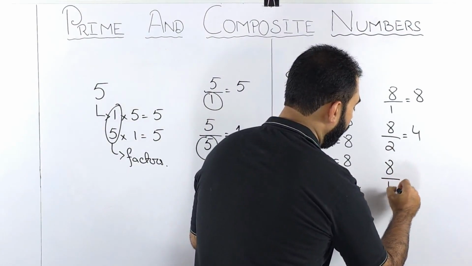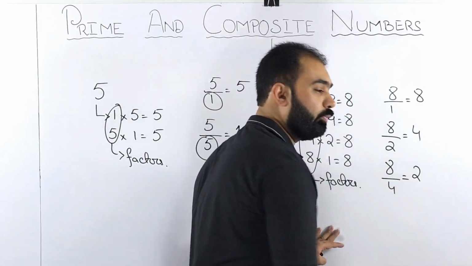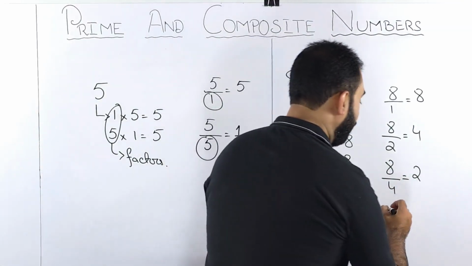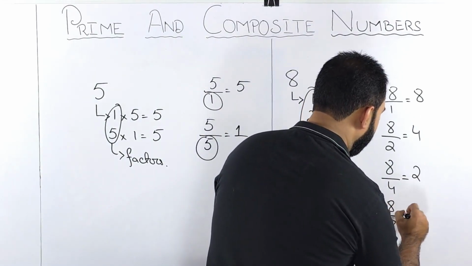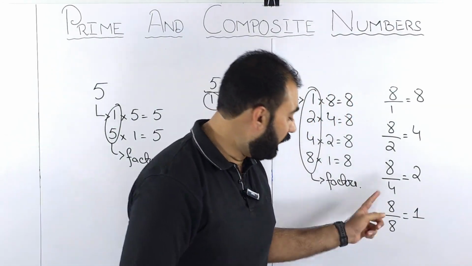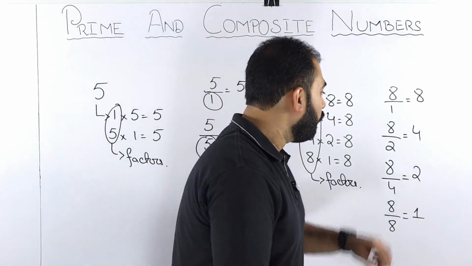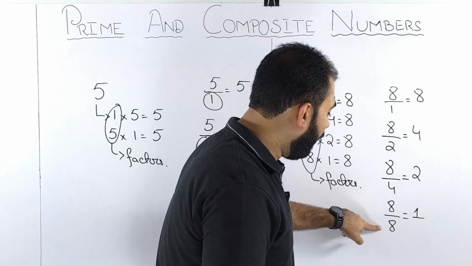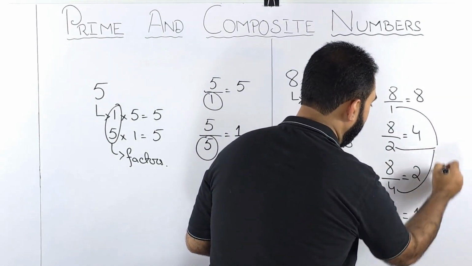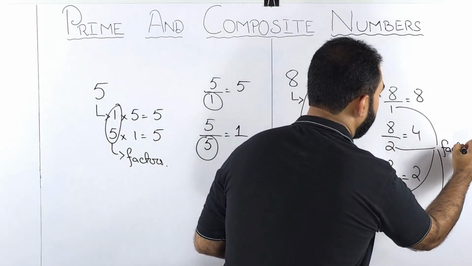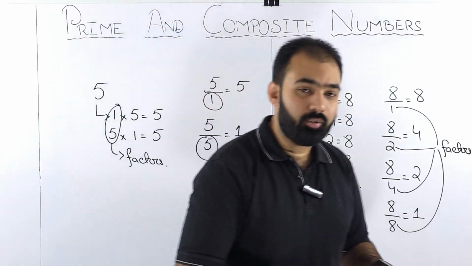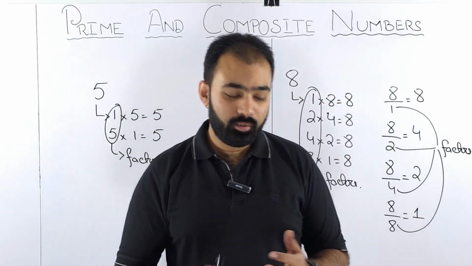Let's divide 8 by 4 and we get 2, a whole number, which means 8 is completely divisible by 4. And 8 divided by 8 gives us 1, a whole number, which means 8 is completely divisible by 8. So the numbers 1, 2, 4 and 8 become factors of 8.